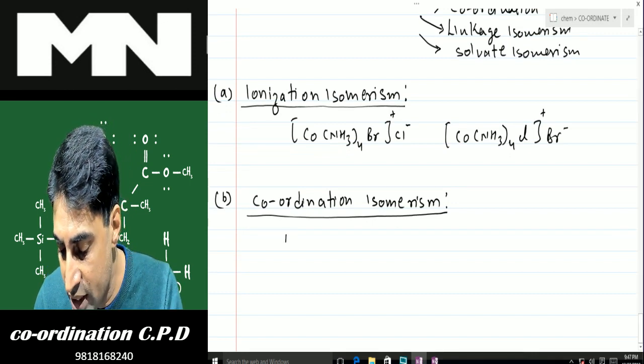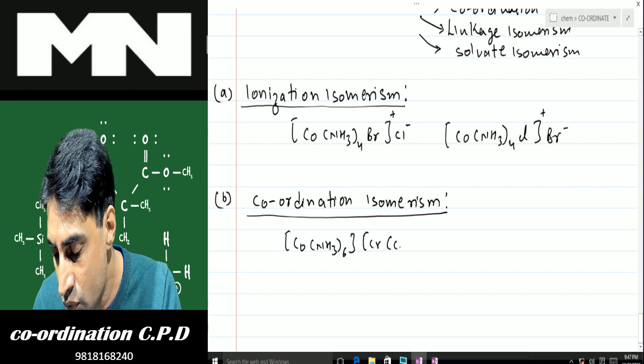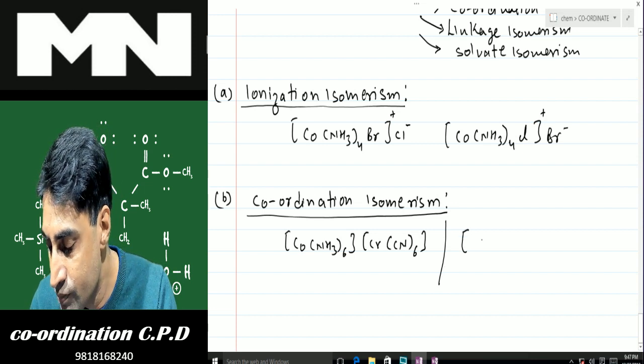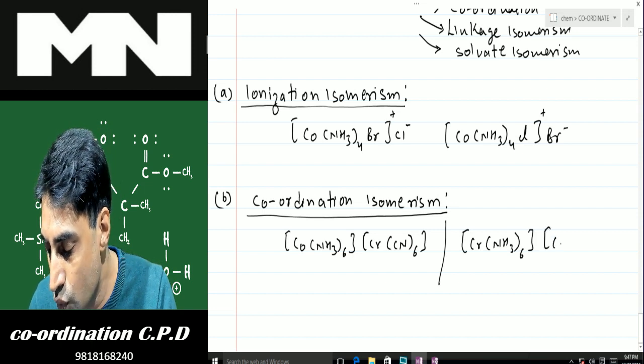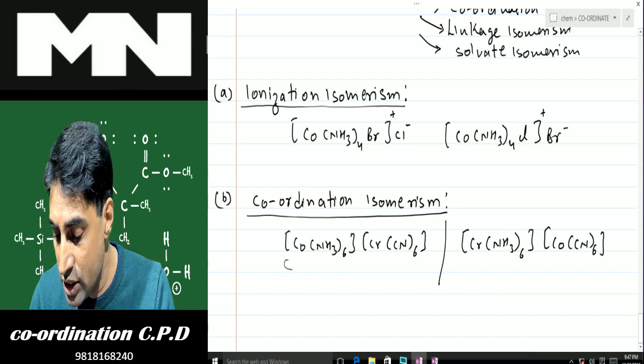Suppose I have a compound like [Co(NH3)6][Cr(CN)6], and the second compound I've got is [Cr(NH3)6][Co(CN)6]. In both these compounds, their molecular formula is the same.